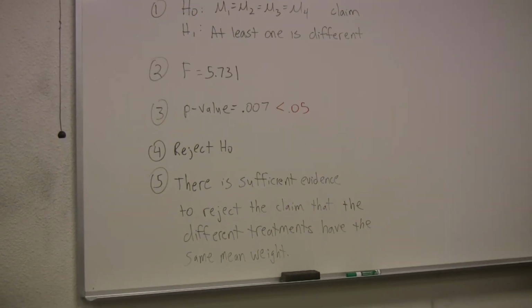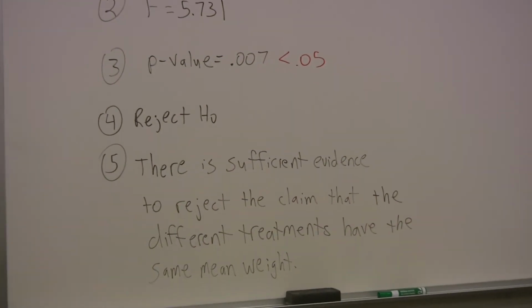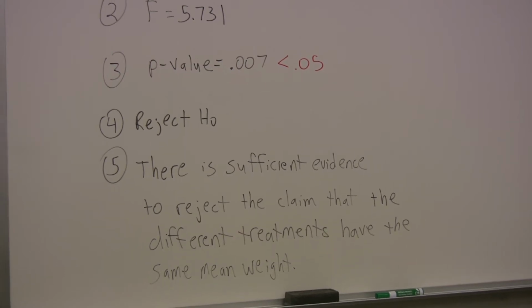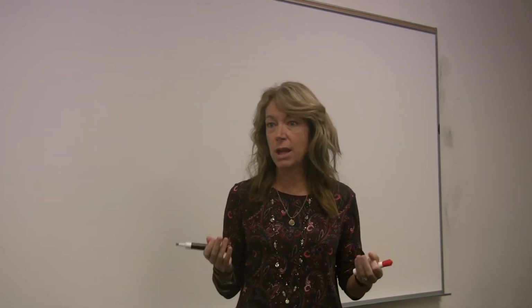So we've rejected that they're all the same, which means at least one of them must be different. They're growing these trees, they're trying to decide, should we water them, should we fertilize them, should we do both, maybe we should do nothing, does it matter? We found that something does matter, because they're not all the same.